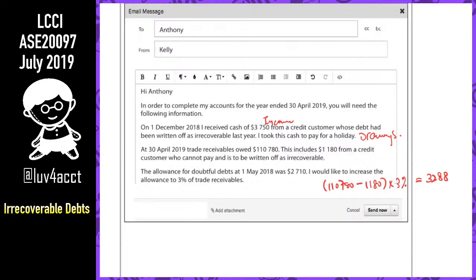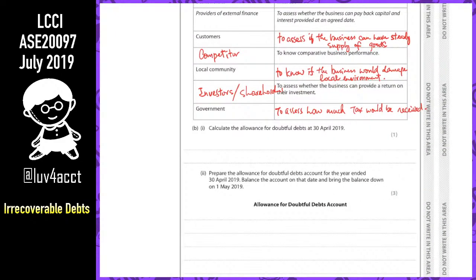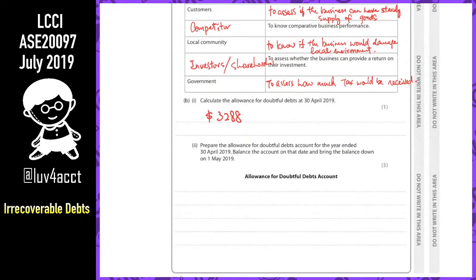Yes. Last year it is 2710, so it should be increased by 578. So let us put it there. Calculate the allowance for doubtful debt as at year end: 3288, not the allowance needed.